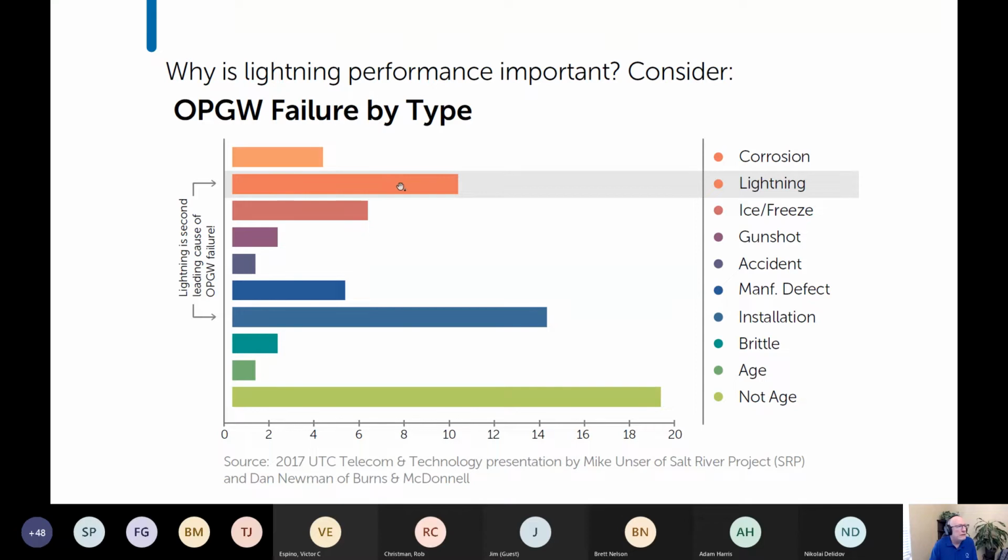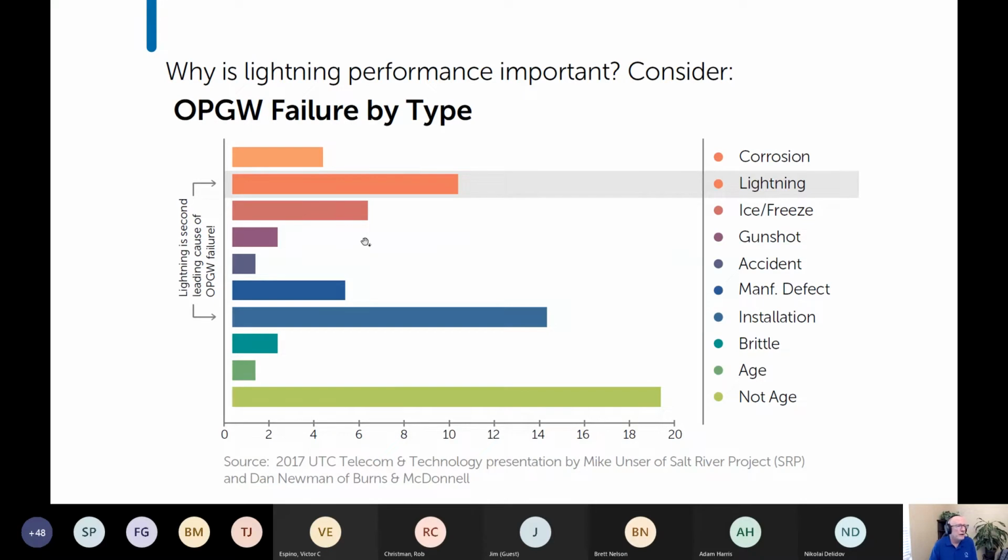And it showed that the results of the survey was that the second leading cause of OPGW failure was lightning strike. Close behind problems immediately after installation. So really, during long-term operations, you could even argue that lightning was the number one problem, and by a hefty margin compared to the others.